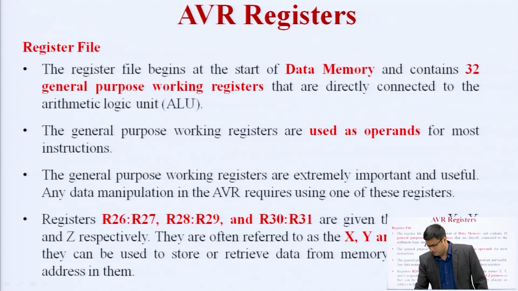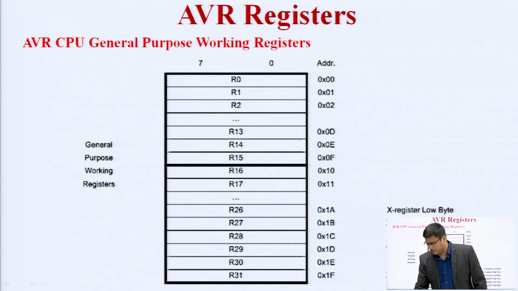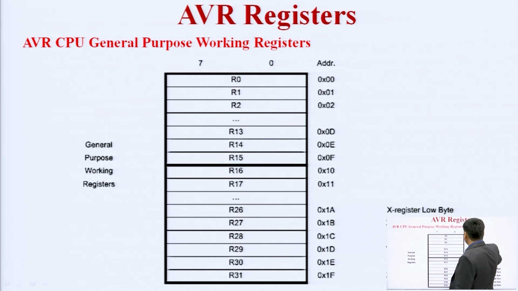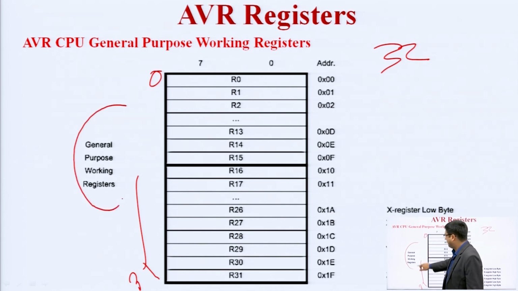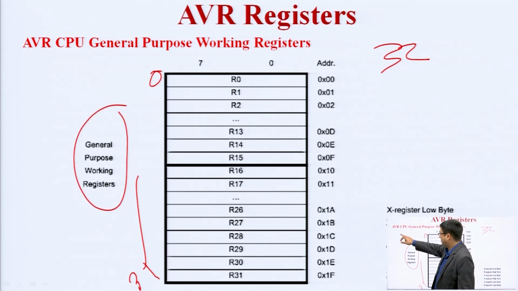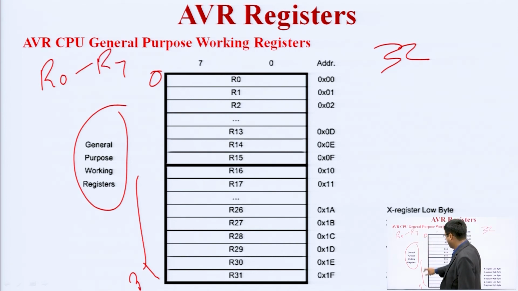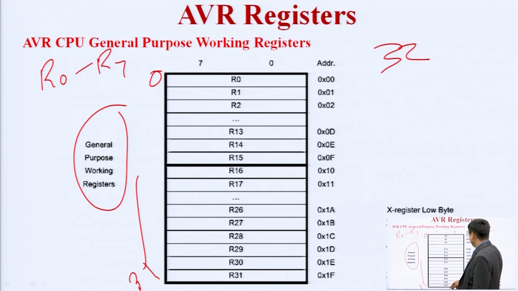So after that, there are registers available in AVR. It has 32 general purpose registers varying from 0 to 31. We have seen that in 8051 the general purpose registers available are R0 to R7. Here it is 0 to 31, total 32. Each register is 8 bit, 0 to 7 means it has 8 bits, from R0 to R31.